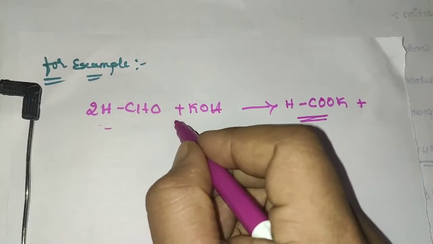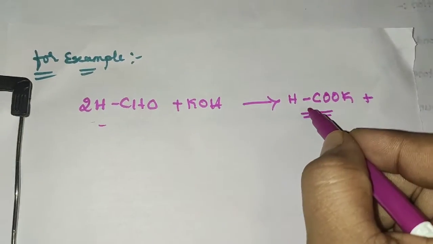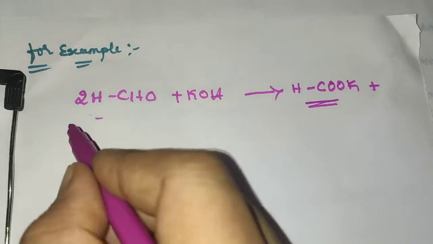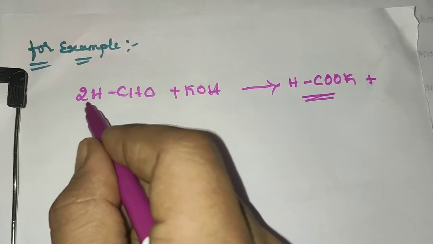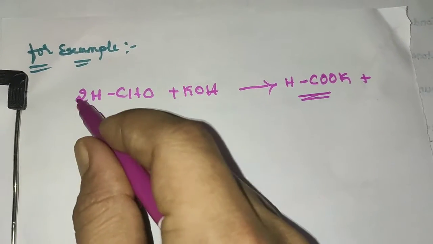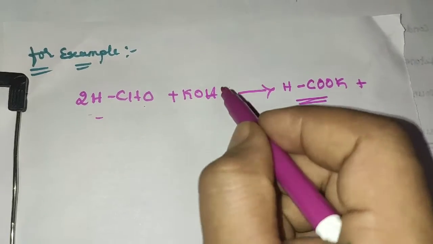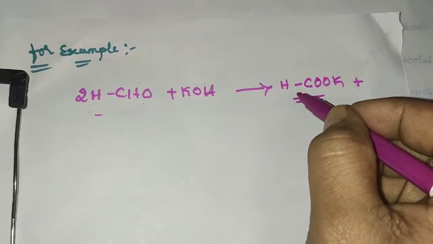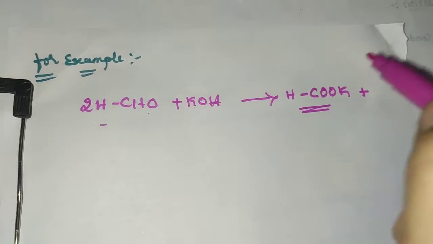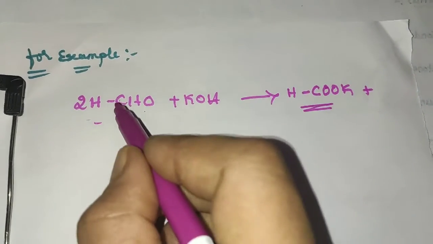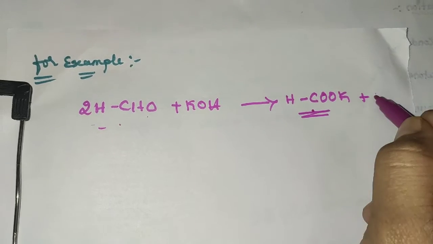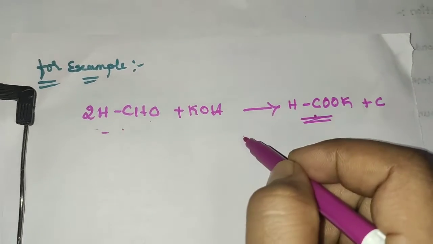Then what will be left? There is a remaining product. How many H are there here? 2H and 2H, 4H, and here 1H, so totally 5H are there. We have used only 1H, so the remaining 4H we should take. Then what about the carbon atoms? 2 carbon atoms, 1 carbon atom we have already used, so 1 carbon will be left.